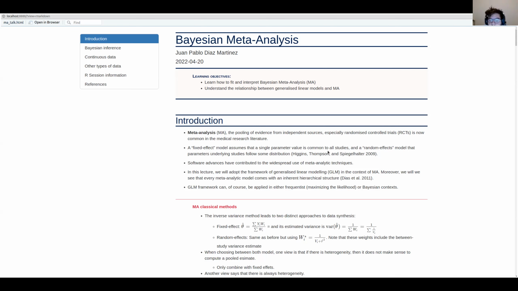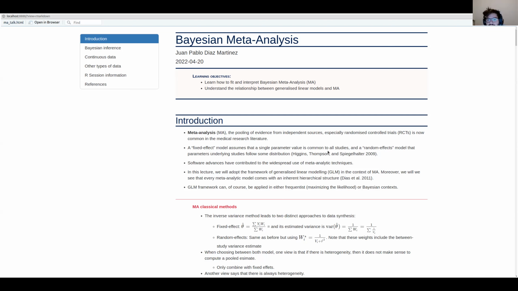That's one of the reasons why the importance of meta-analysis has increased in the last 5 years, because more people are capable of performing one.